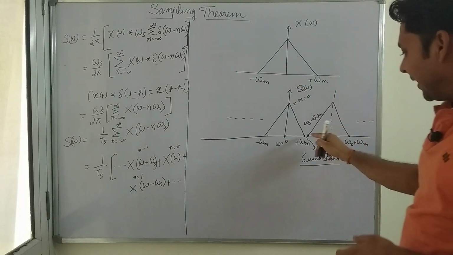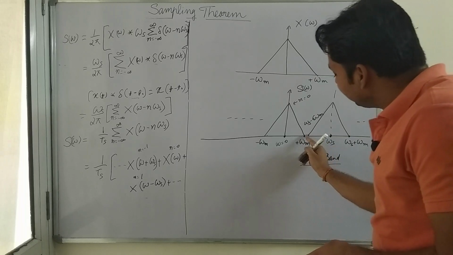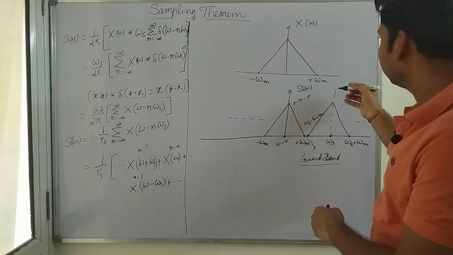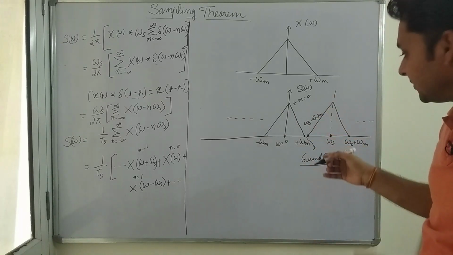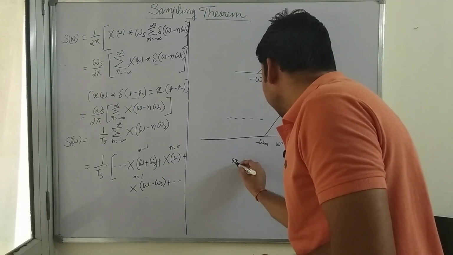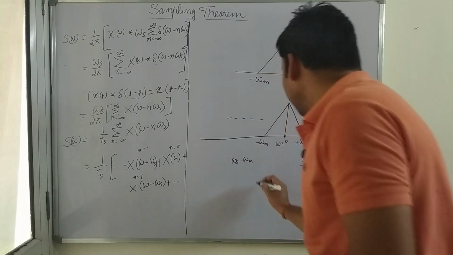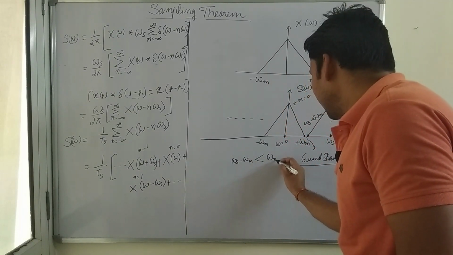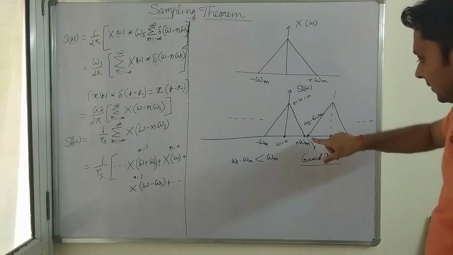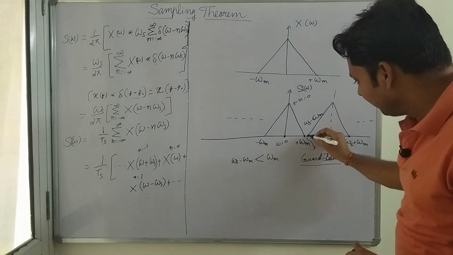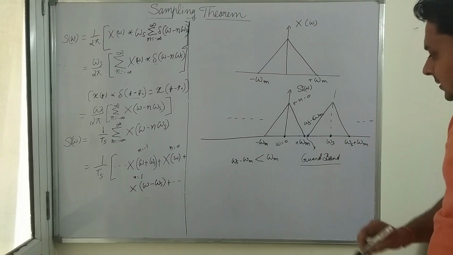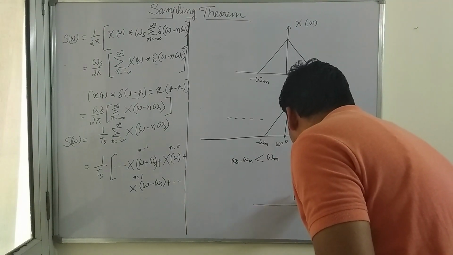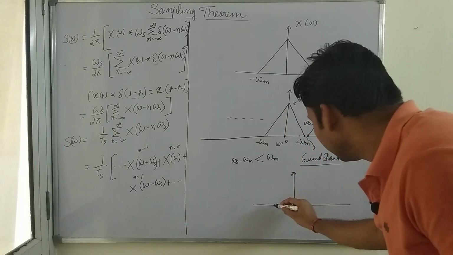Now suppose the condition where omega s minus omega m is less than omega m, which means this point will come here. I will show you with an example.